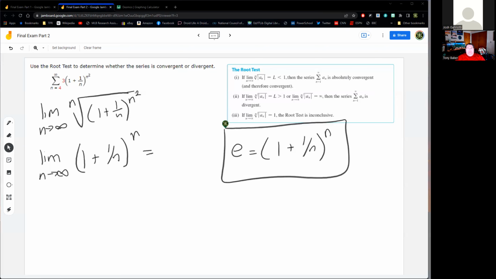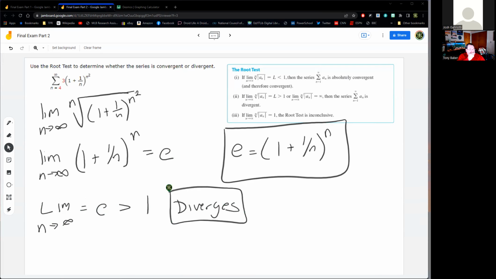So remember that rule, it's probably going to come up. So this limit goes to e. So since the limit as n goes to infinity equals e, which is greater than 1, this diverges. So don't forget that little rule.